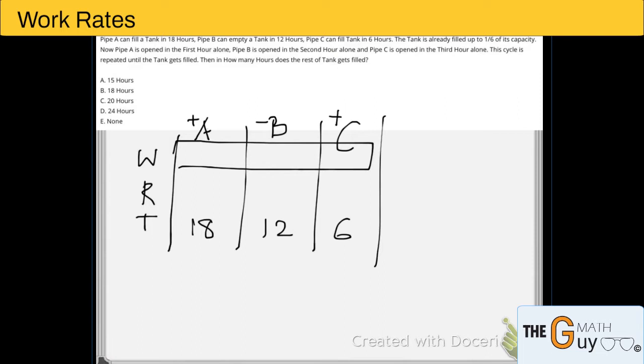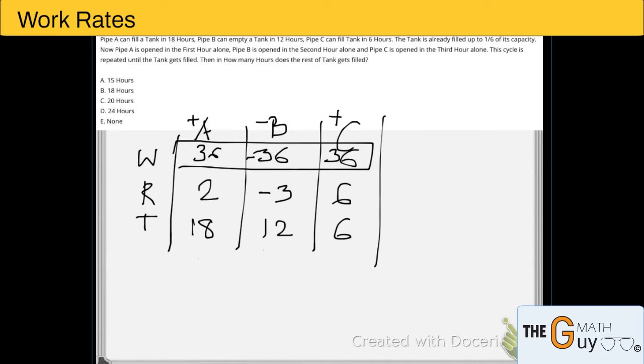Now you can see that 6, 12, 18 means they have a proportional speed at which they work. So 18, 12 and 6, what's the common multiple? 36. Let's say the work is 36 units. Then the rate would be 6 for pipe C. Pipe B would be -3 because it's emptying, so I have to make it a negative speed.